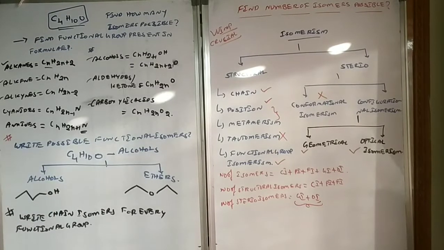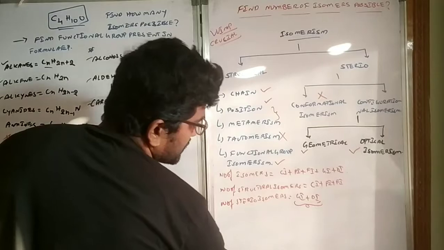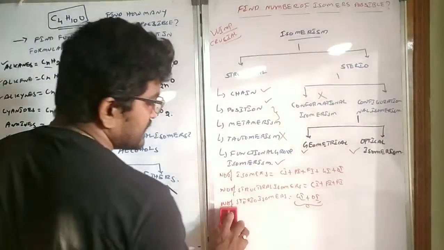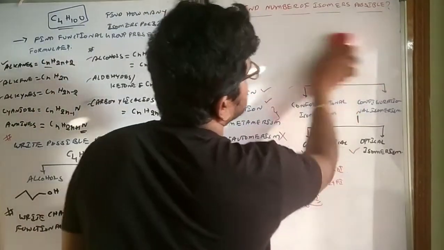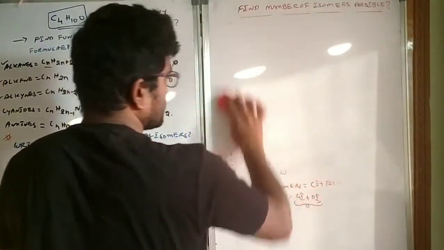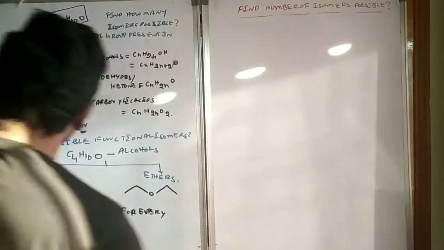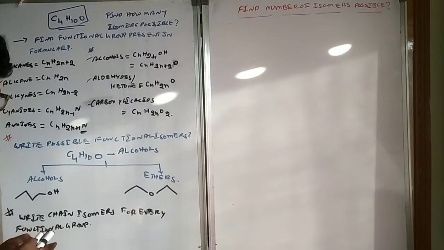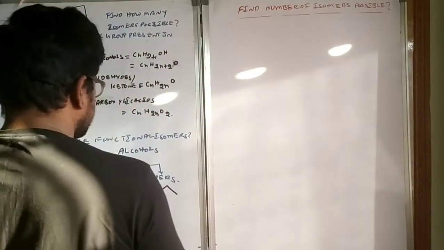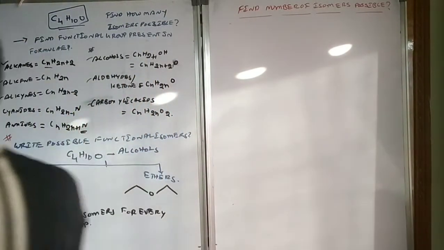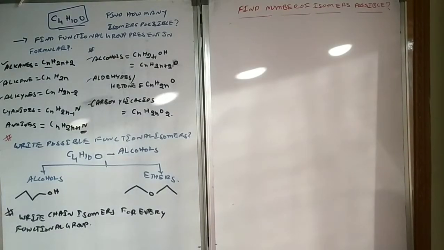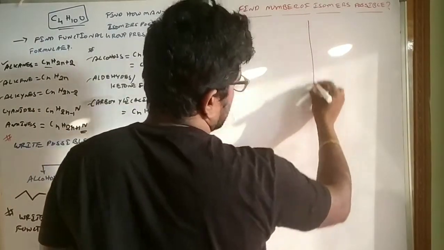They gave you alcohols and ethers. For every alcohol and ether you have to write the chain isomers. Hope you have taken this down. So you have written alcohols on this side, ethers on this side. Now let us write the chain isomers possible.